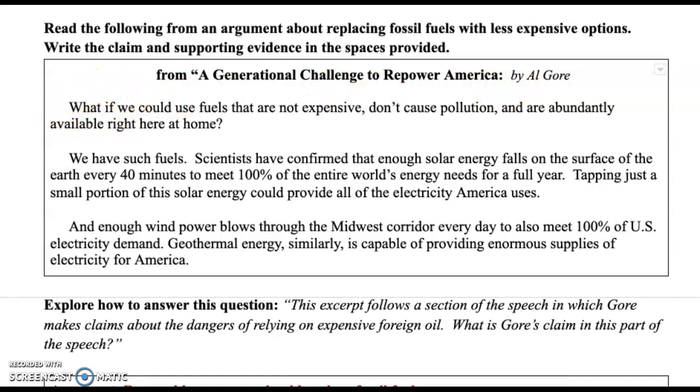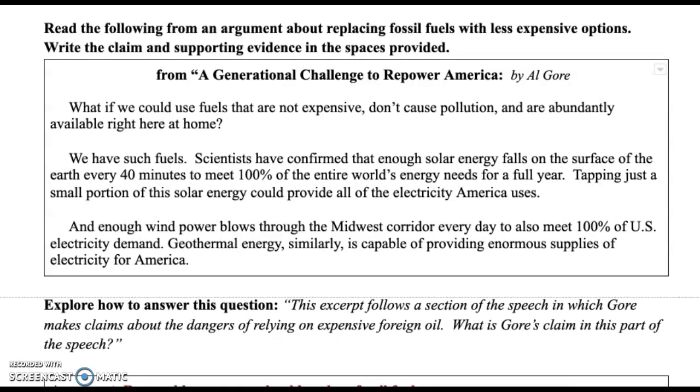What if we could use fuels that are not expensive, don't cause pollution, and are abundantly available right here at home? We have such fuels. Scientists have confirmed that enough solar power falls on the surface of the Earth every 40 minutes to meet 100% of the entire world's energy needs for a full year.